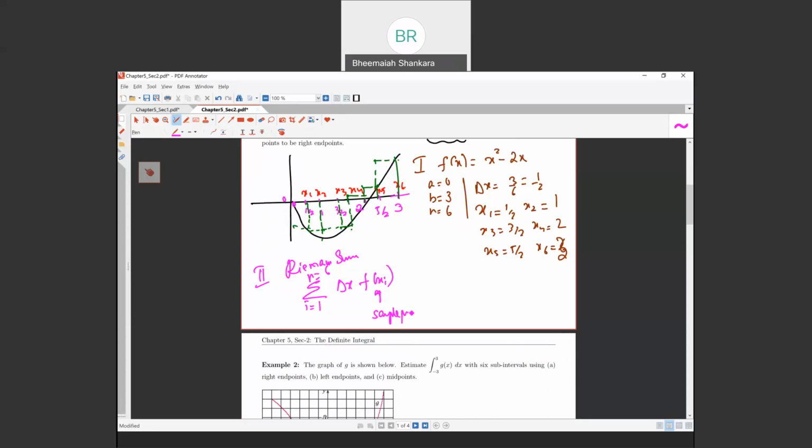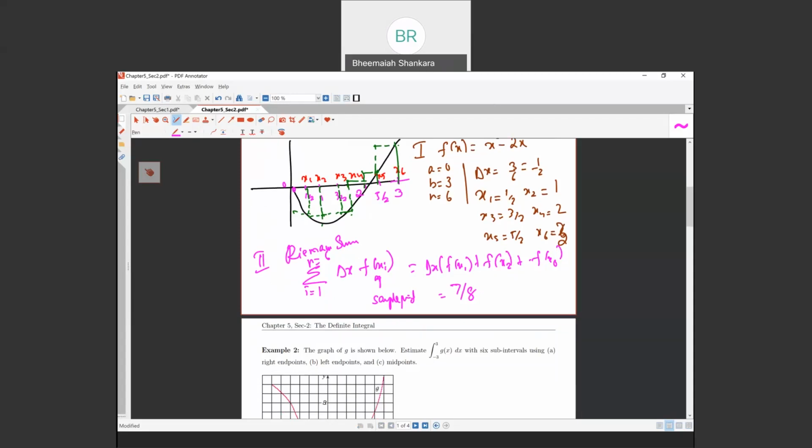So you know how to expand this summation. It's delta x times f of x1, f of x2, all the way up to f of x6. So plug in these functional values, simplify, and you see that you get 7 over 8. So this is the area under the given curve.